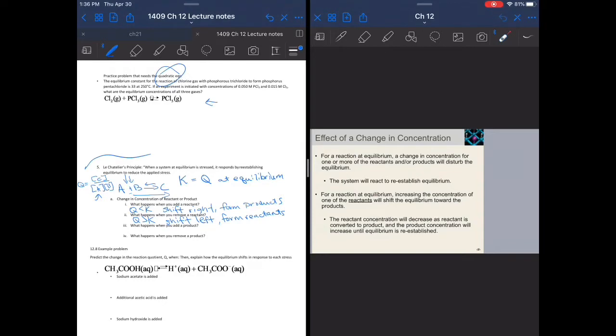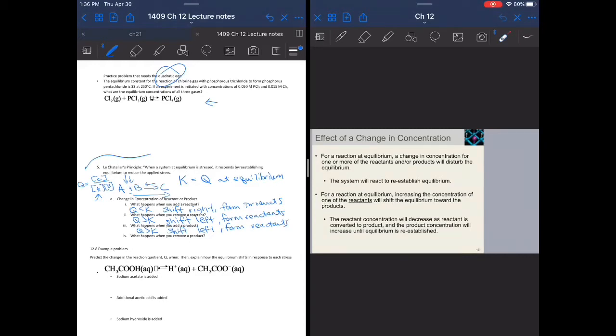What happens if you add product? It's the same idea. If you add product, then again Q is going to be greater than K, because you're making the numerator bigger. So if you add in product, you're going to shift left again and form more reactants.